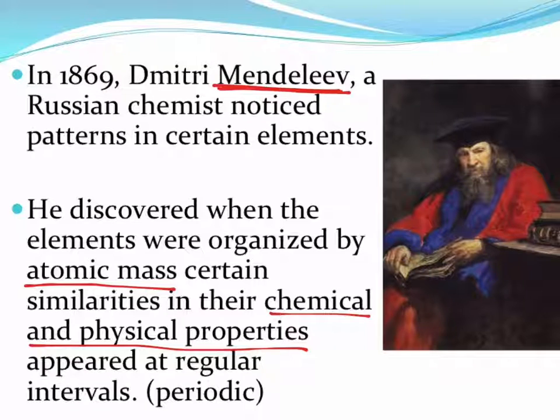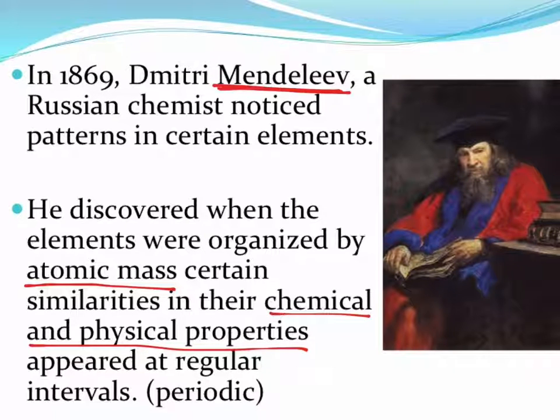So he went by increasing atomic mass, and then he would see that you would have soft and silvery, you would have white and malleable, and you would have all these properties, and then you'd have a gas. And then the properties started over again. Soft and silvery, malleable, all these other ones, gas, and then it started over again.